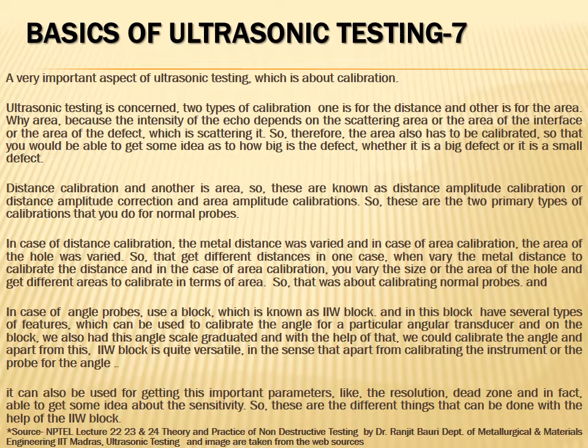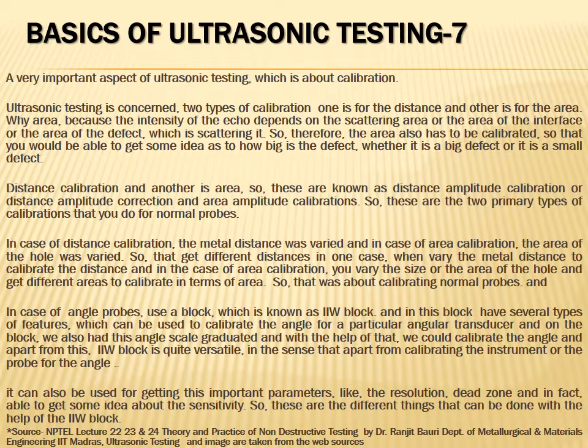Why are we choosing the area? Because the intensity of the echo depends on the scattering area, or the area of the interface, or the area of the defect which is scattering it. So the area also has to be calibrated, so that you would be able to get some idea as to how big the defect is, whether it is a big defect or a small defect.